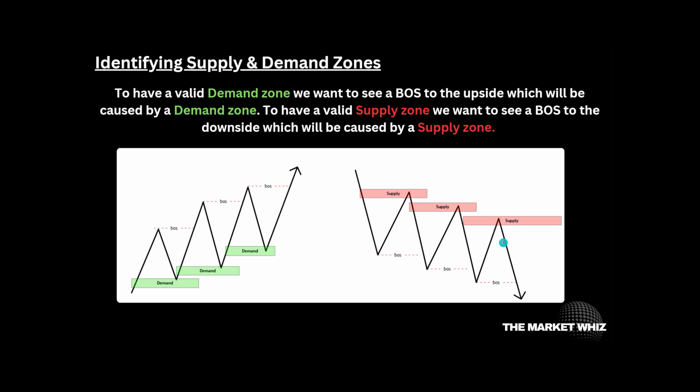Time and time again, after these breaks of structure, price will tend to come back to these supply zones, not all the time, but it's a very common occurrence, to then sell off again. So no need to overcomplicate it. All you need to look for is demand, break of structure, demand, break of structure, which makes each one valid.